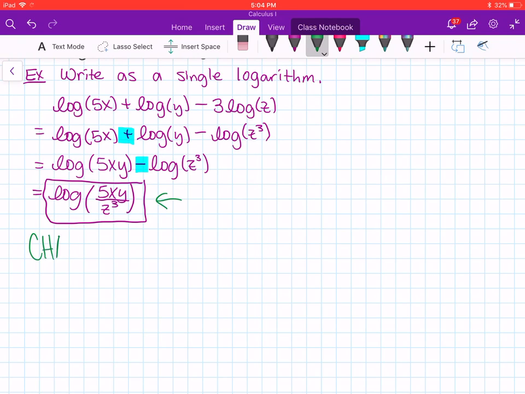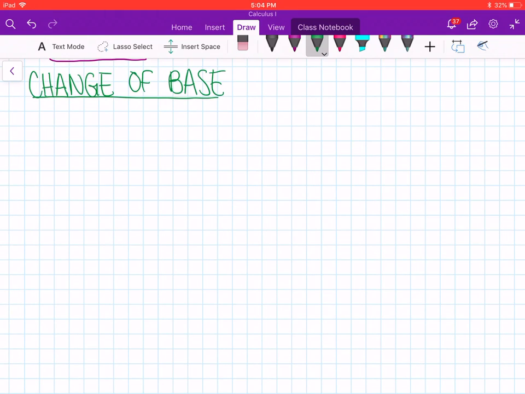Next major thing that I wanted to talk about is the change of base. The change of base formula is log base a of x equals natural log x over natural log a.